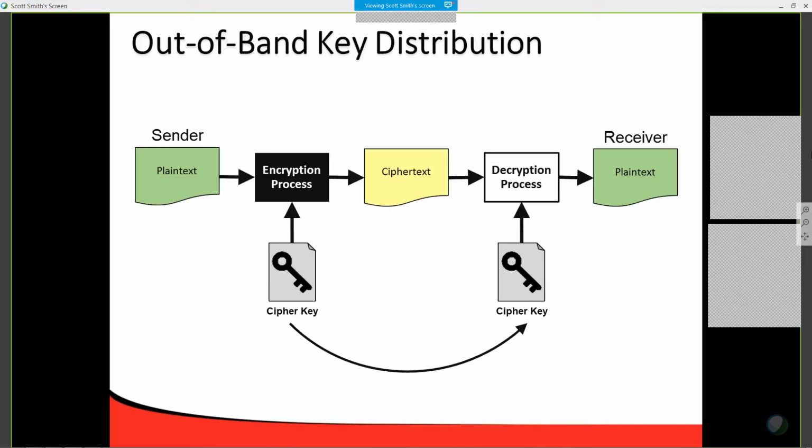So in a symmetric algorithm, we take plain text, we encrypt that plain text with a cipher key. The ciphertext is what's sent over the channel, and of course the receiver has the same key, and they're going to perform decryption with that key. This is what we call a symmetric encryption process.